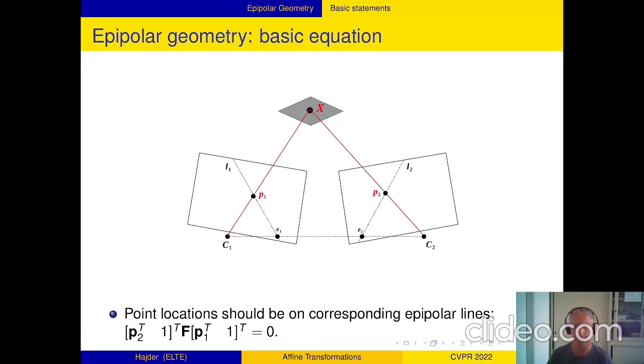So that algorithm, the Hartley-Sturm triangulation, can optimally estimate the spatial location X. And the last note: if the two locations P1 and P2 are considered, we have one equation which connects the point locations and the fundamental matrix. It's a general equation which is frequently used if the fundamental matrix is applied.